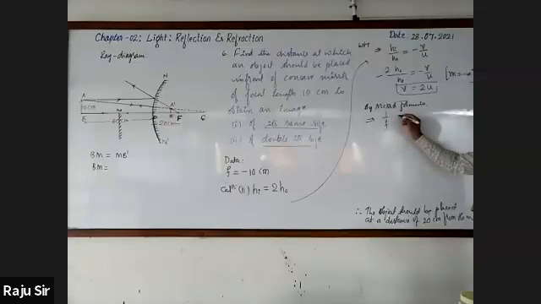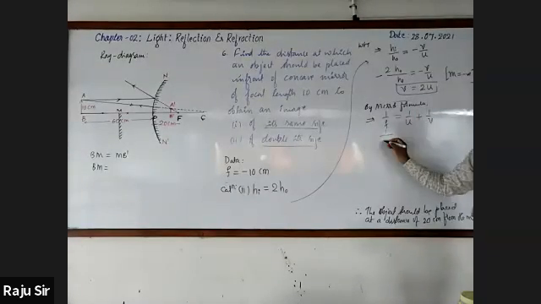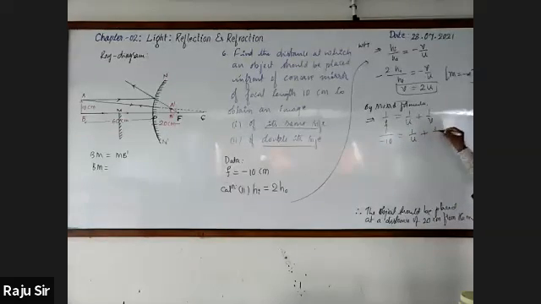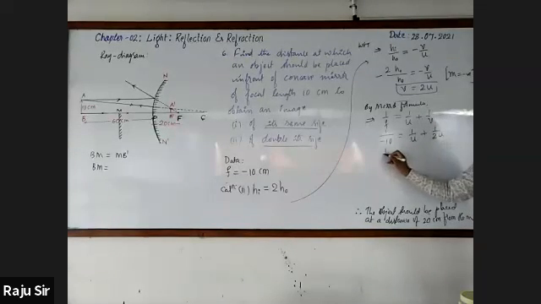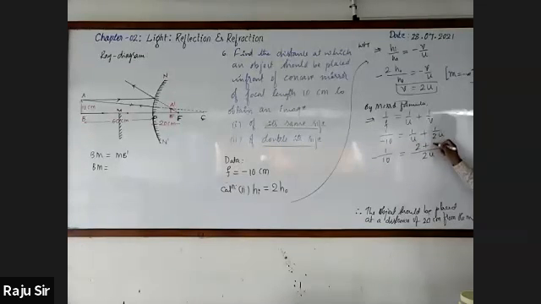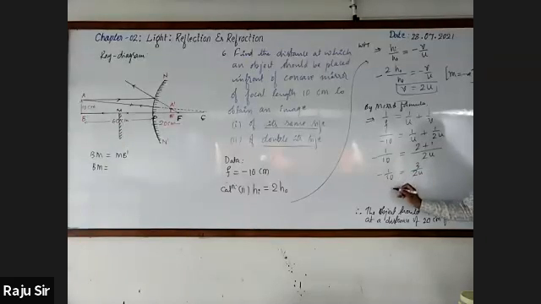It is 1 by f is equal to 1 by u plus 1 by v, where f is minus 10, it's equal to 1 by u, which is unknown, plus 1 by v, which is 1 by 2u. Then minus 1 by 10 is equal to, what is the LCM? 2u. Then 2 plus 1, minus 1 by 10 is equal to 3 by 2u. Then solve for u, cross multiply.